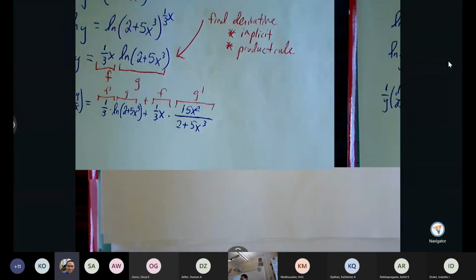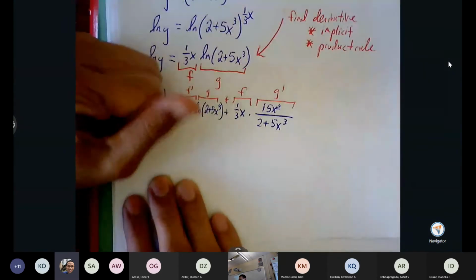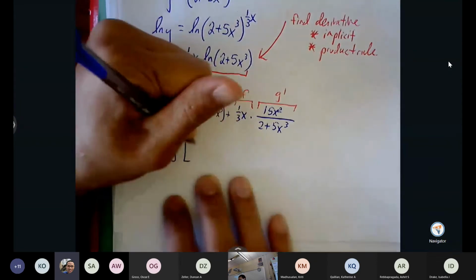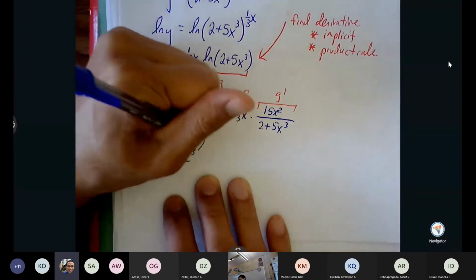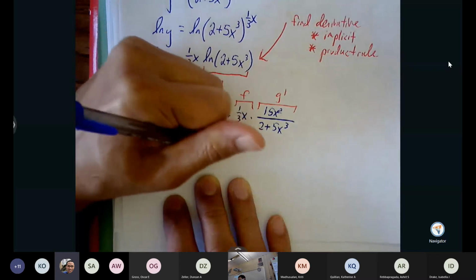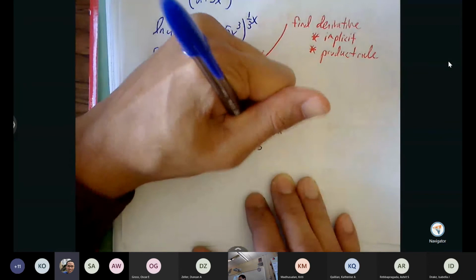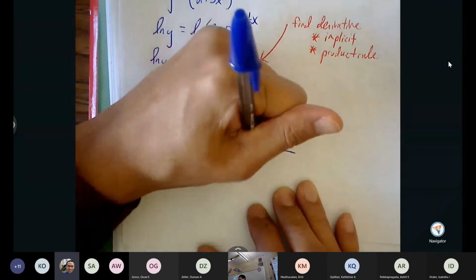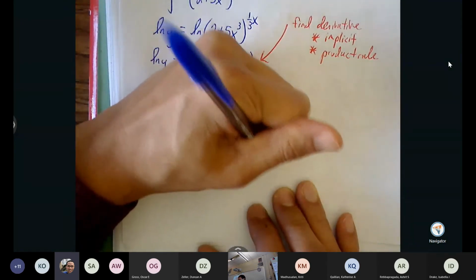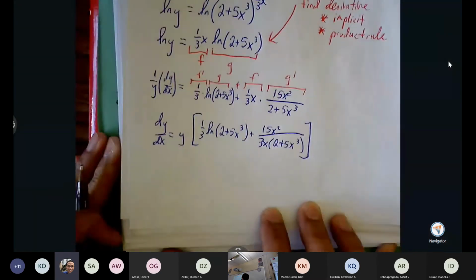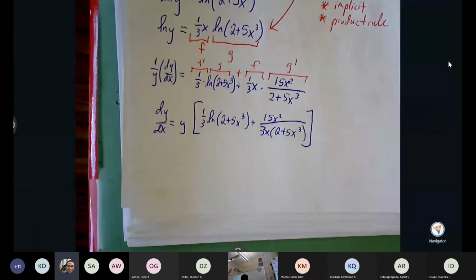So I'm going to move the y over to the right side. If you want to clean up, you can, but you don't have to. So we basically have the answer.